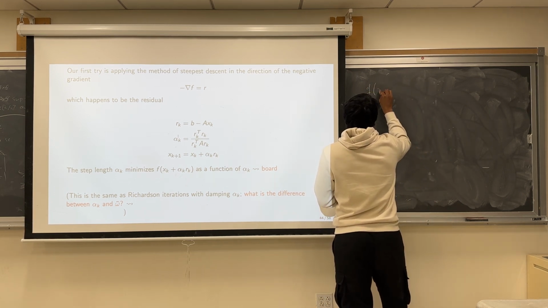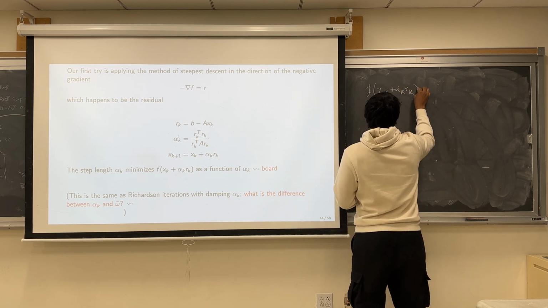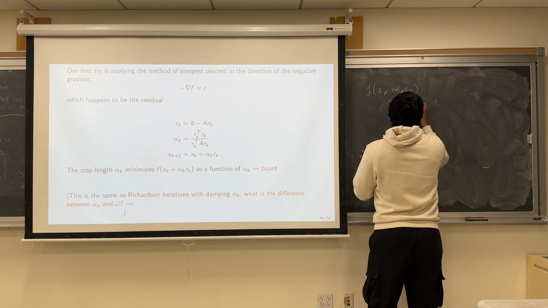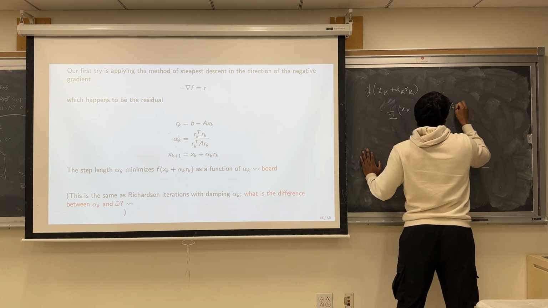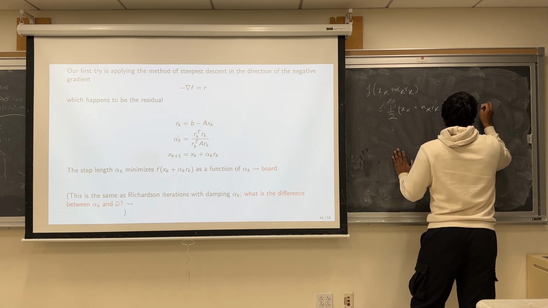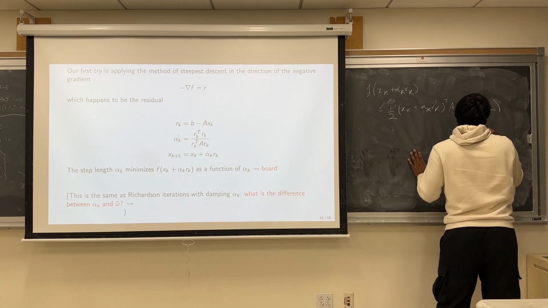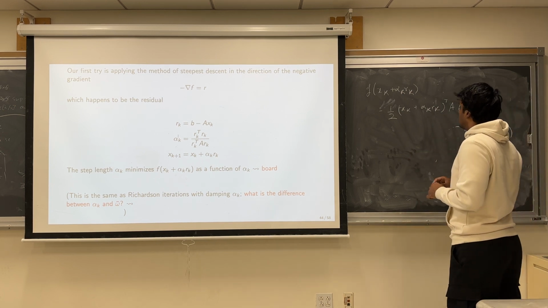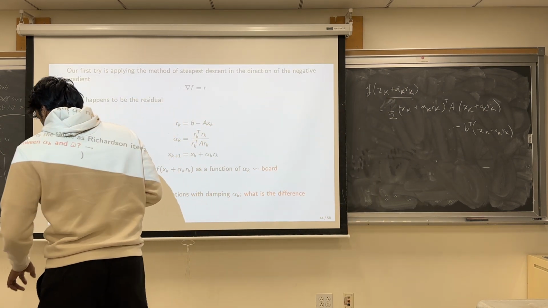So f of x k plus alpha k r k equals half of (x k plus alpha k r k) transpose A (x k plus alpha k r k), minus b transpose (x k plus alpha k r k).